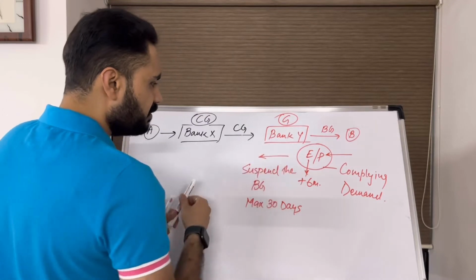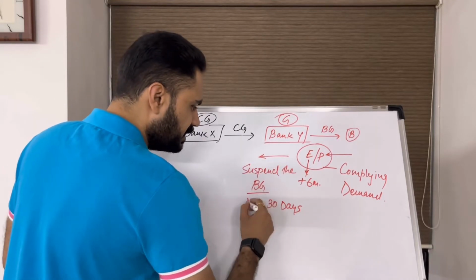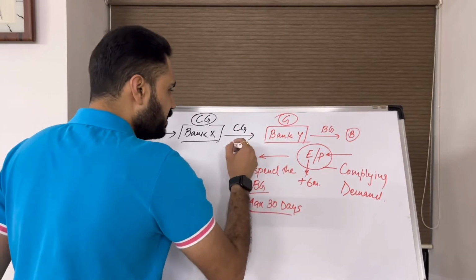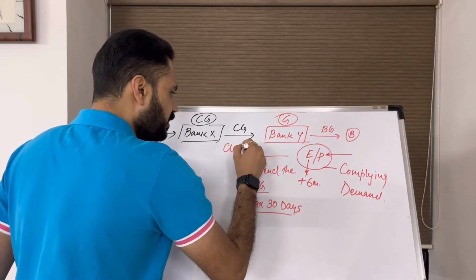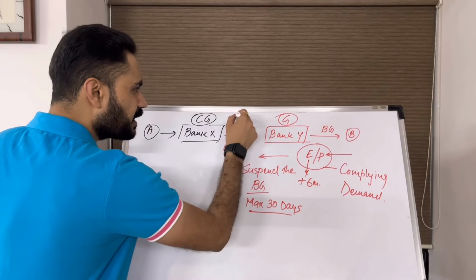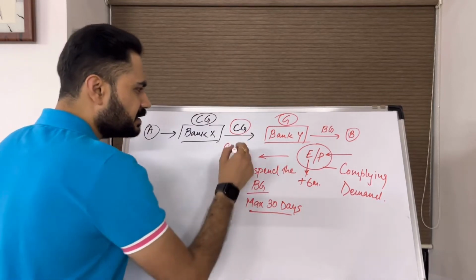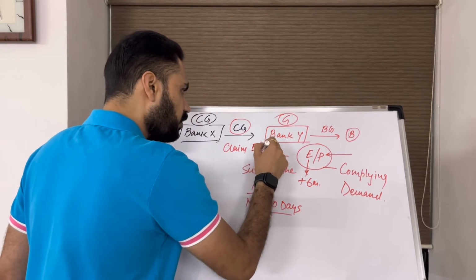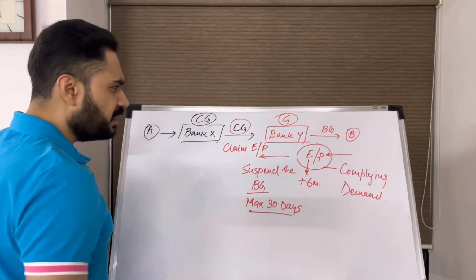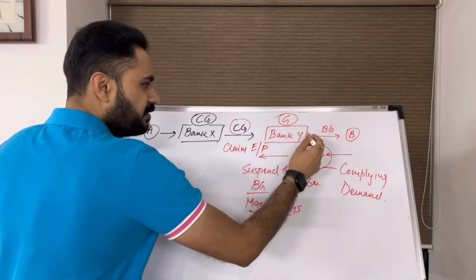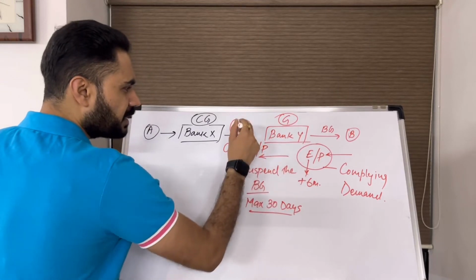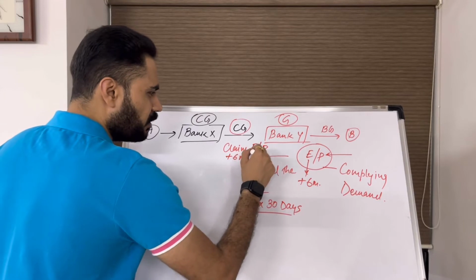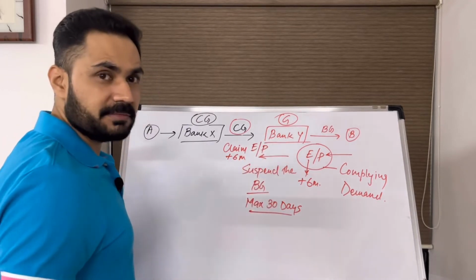Bank Y will suspend the BG, say it is suspended for 30 days, and bank Y will claim under the counter guarantee. This claim will also be extend or pay, wherein bank Y will request for extension of the counter guarantee for 6 months or demand payment.